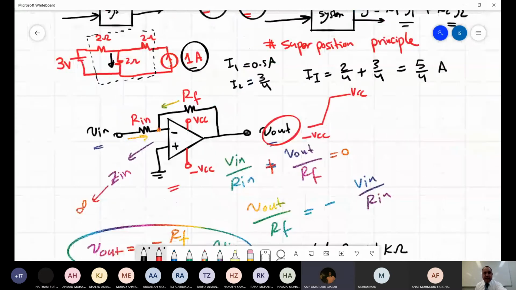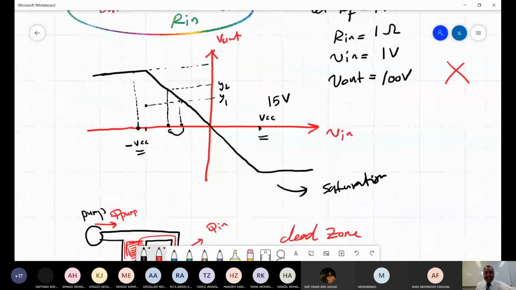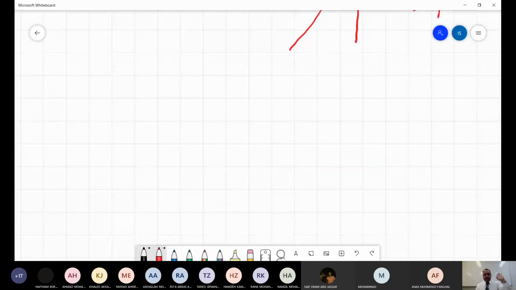Okay. So here we stated that we need to study a linear time invariant system. For linear, I think we understand that any system that fulfills the superposition principle is a linear system. Any system that violates the superposition principle is a nonlinear system. So we restrict ourselves to what?